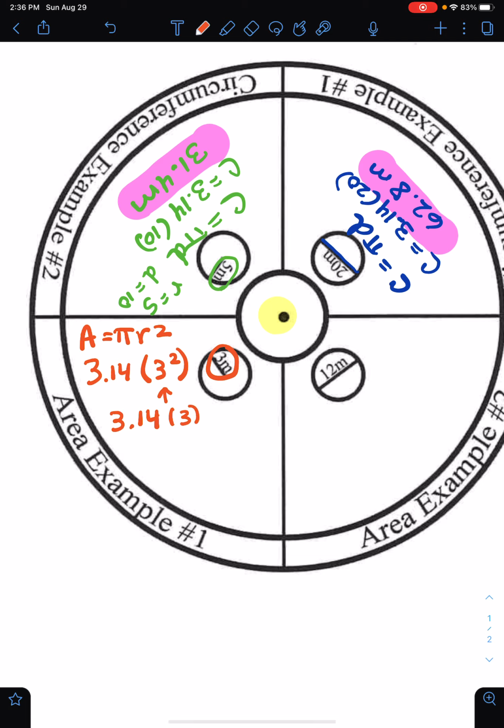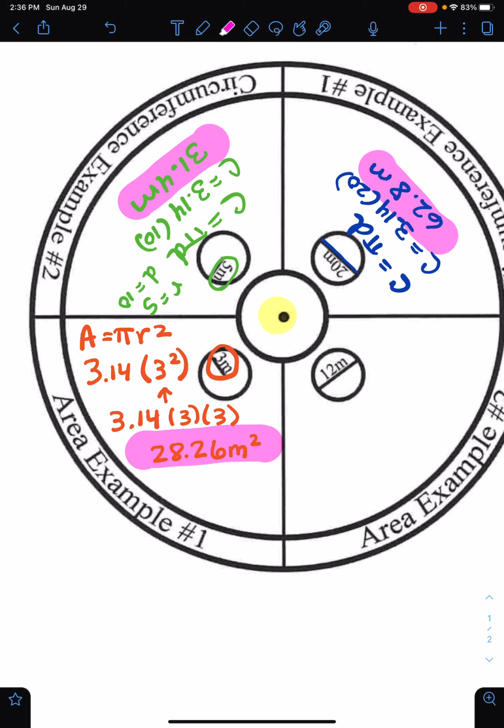Or you can do 3.14 times 3 times 3. So in your calculator, 3.14 times 9 is 28.26. It's meters, but this time our units will be squared, meters squared, because it literally means that you could fit 28.26 squares that are 1 meter by 1 meter inside a circle that has a radius of 3 meters.